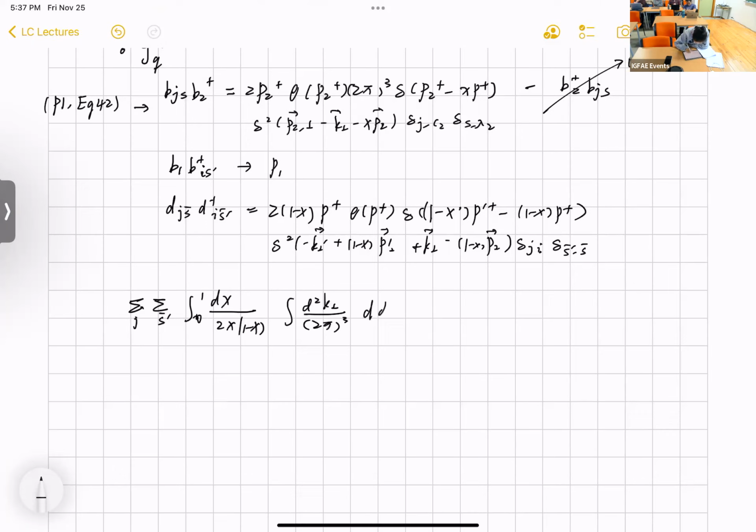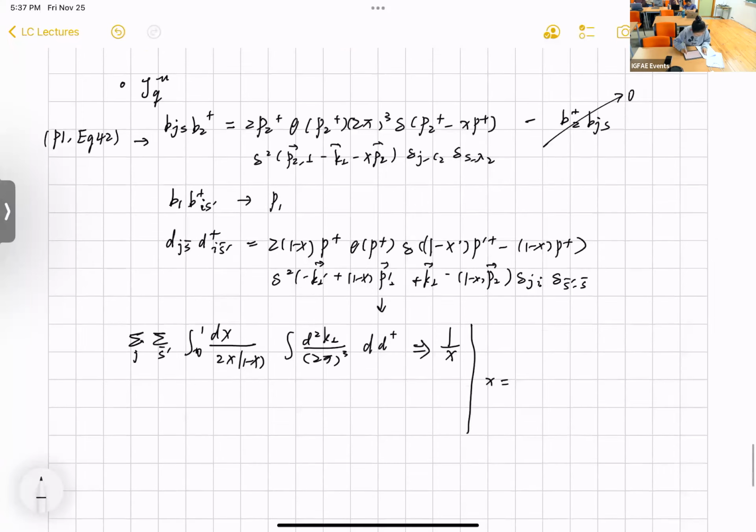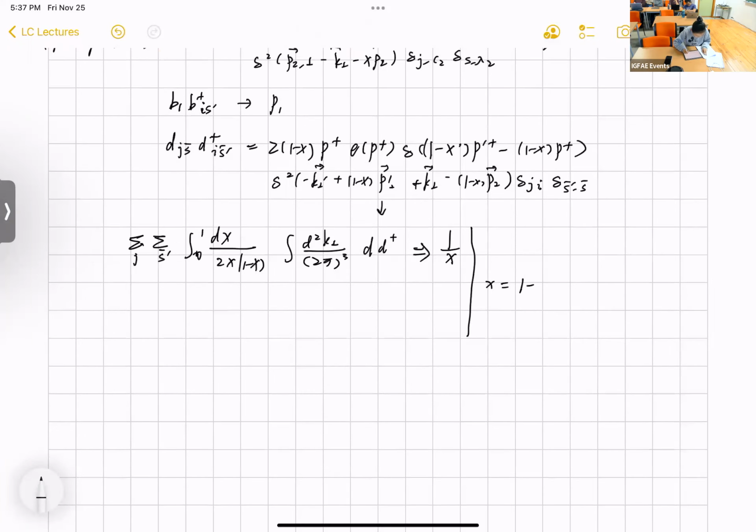If I put this d and the d dagger, this would let us integrate over x and k perp, and I would get just 1 over x, and then with the delta function, this tells us that in the rest of the expression, I should understand x as 1 minus P plus over P plus prime, and the k perp is related to k perp prime.